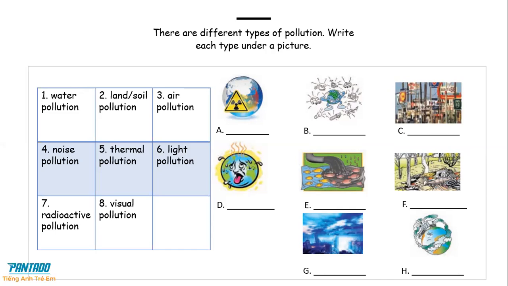Number 4, noise pollution. Number 5, thermal pollution. Number 6, light pollution. Number 7, radioactive pollution. And number 8, visual pollution. So what types of pollution are these pictures?